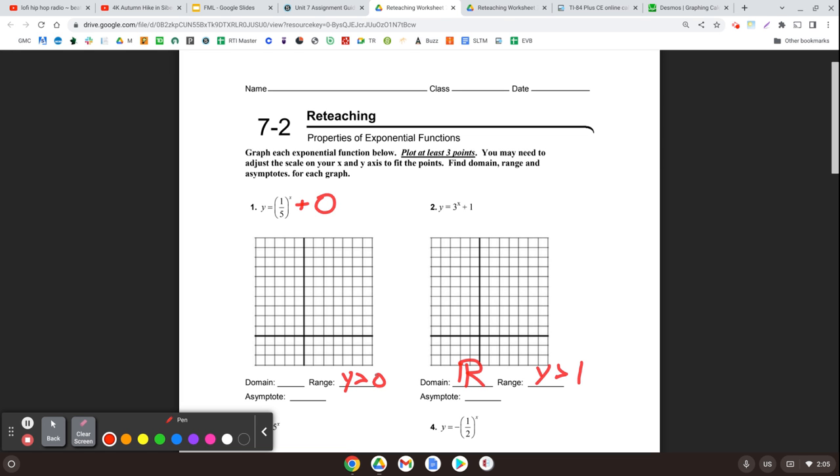So my asymptote, this would be the line x equals 0. Sorry, y equals 0. And this would be the line y equals 1. So this number here corresponds to the asymptote, which has an effect on the range. Okay, see if that helps.